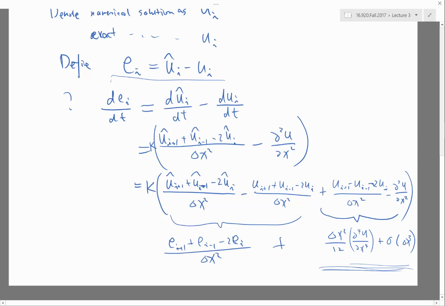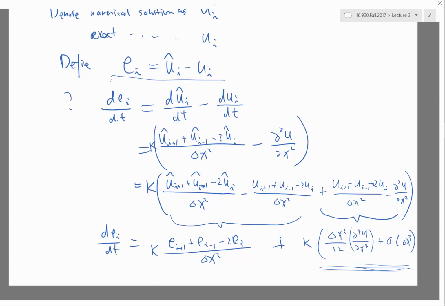Okay, so let me write it down. de i dt is equal to the summation of two parts. One part is determined by the accuracy of the scheme. If somehow I have a scheme with zero error, so let's say this is 0, then my e i is going to stay 0 no matter what, right? I don't care about stability. But in the real world, there is no scheme with 0 error. So this can be made very small, but it can never be 0.